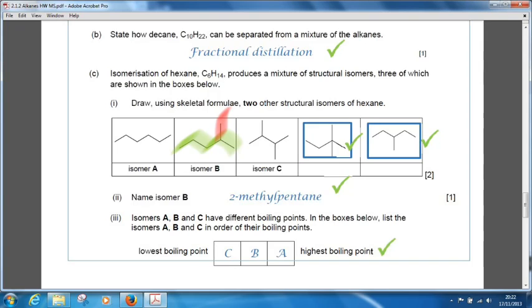If I show you the main chain in this case, it's this over here, and we have branches in 2 very awkward positions, which will make 2 molecules of this packing together quite difficult. So that will have the lowest boiling point. B, which is this isomer over here, has only got one branch, so it will have a higher boiling point, and isomer A has no branches at all, and therefore it will have the highest boiling point.